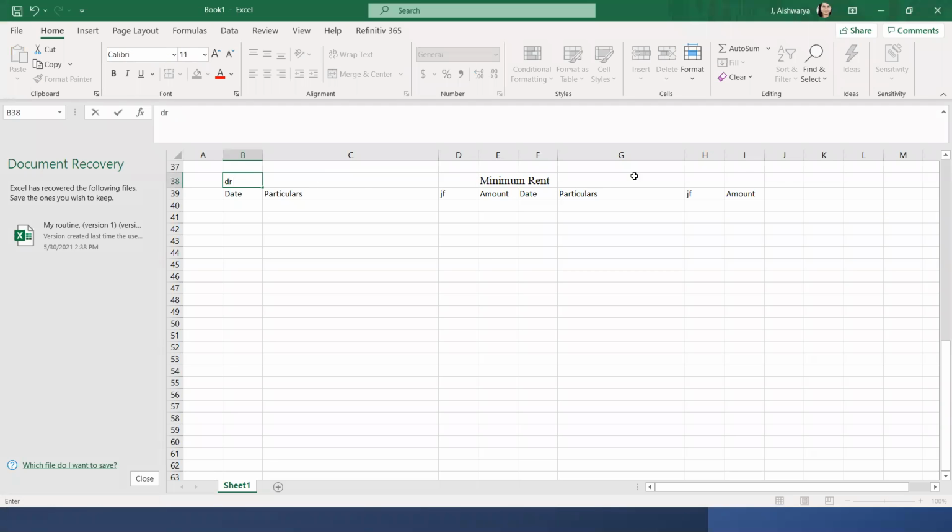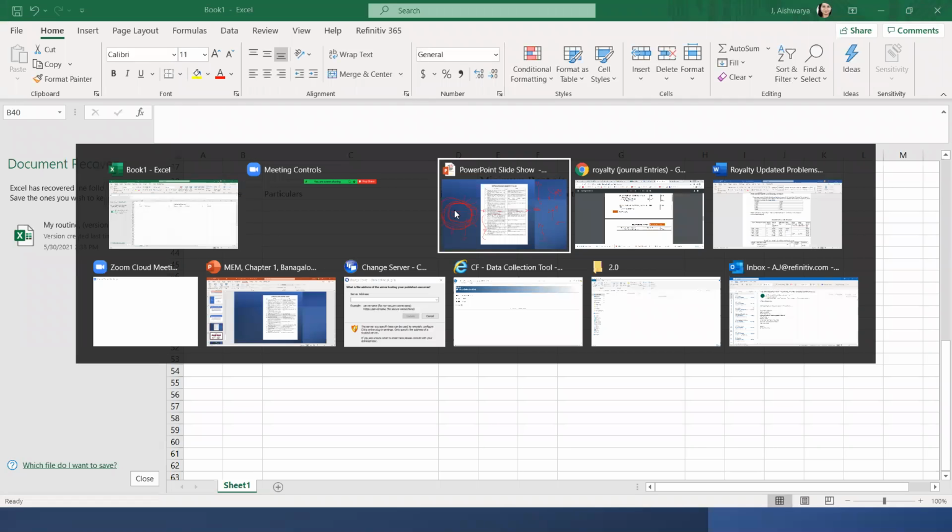Minimum rent account means it is a ledger account. Okay, done. So now what is the first thing that we have to record here?